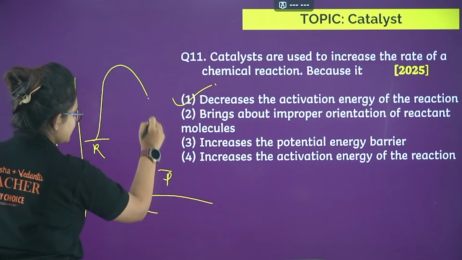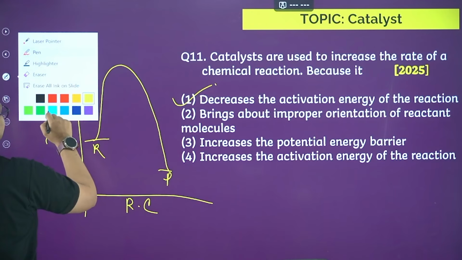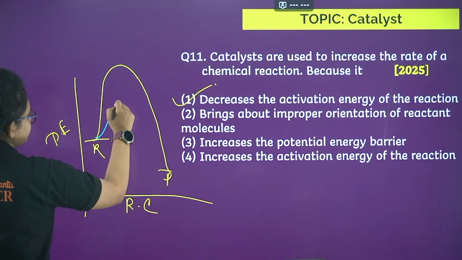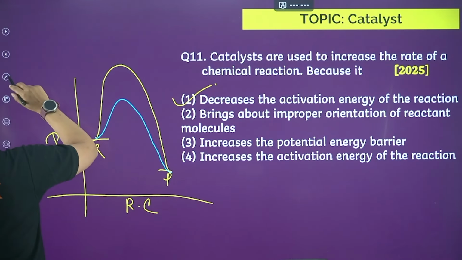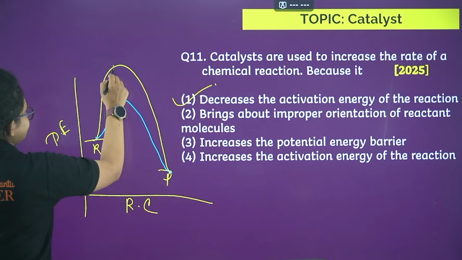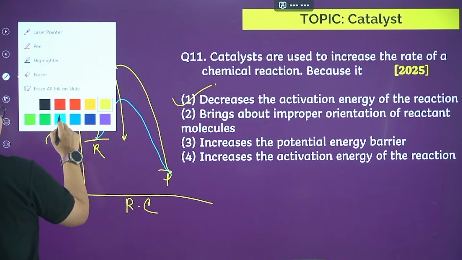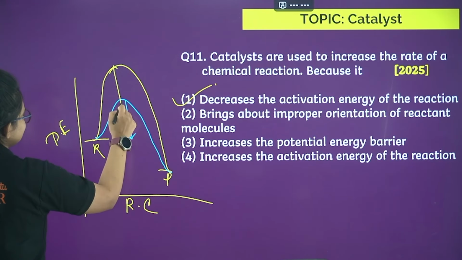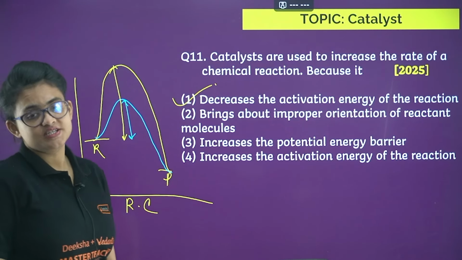If this is the journey of a reactant, now in presence of catalyst, the journey will be something like this. You can see initially the activation energy was this much, but whenever you add the catalyst, your energy of activation is this much. So it is decreasing the activation energy.